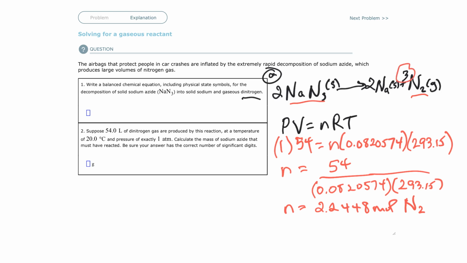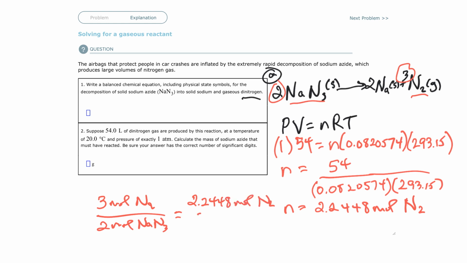Looking at the 3 and the 2, I say that 3 moles of N2 is to 2 moles of NaN3 as, now I've got what we just found, 2.2448 moles of N2 is to X. When I do that, I'm going to get X equals, I'll put a few digits here.